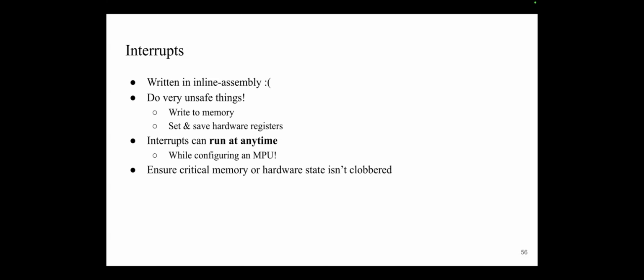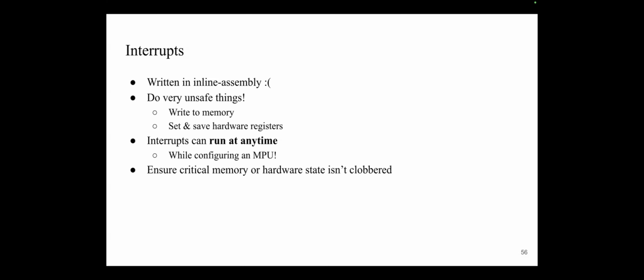And really the thing that makes matters infinitely worse is that interrupts can run at any time, such as when you're configuring an MPU. So you can imagine I'm in the middle of my configure MPU loop and some peripheral in hardware decides to trigger an interrupt. And all of a sudden, I'm going to branch from my MPU configuring code off to some interrupt handling routine, right?